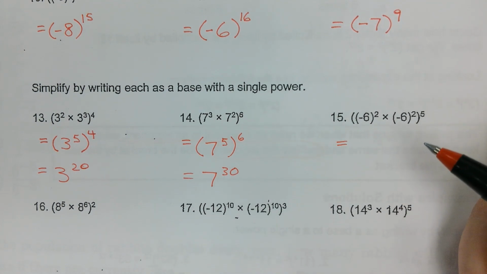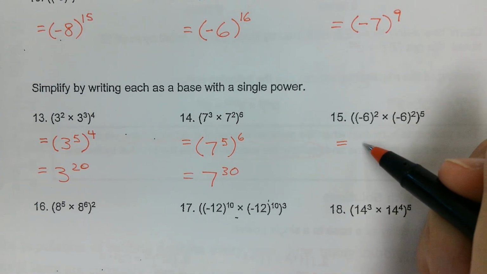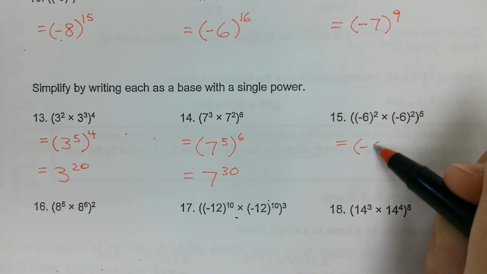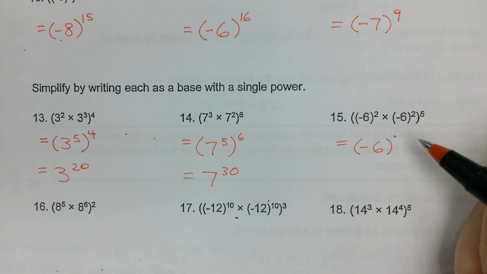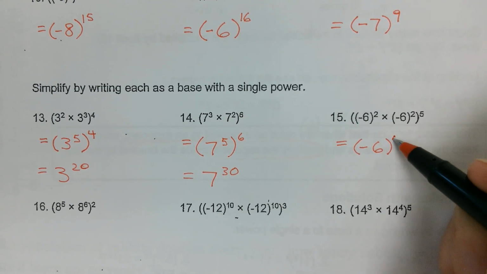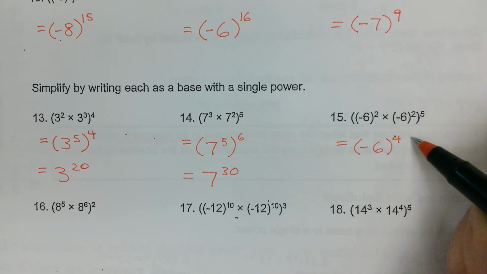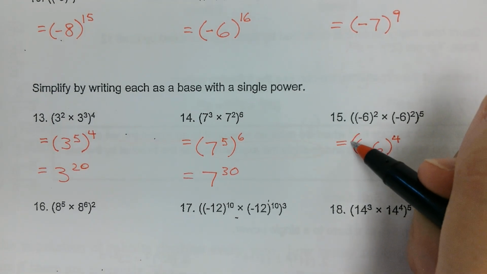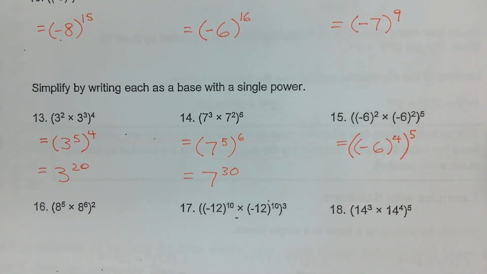Okay, sure. Haley? Pass. Okay. Bella? (-6) to the power of 20. Can you tell me the first step first? To the power of 4, and then times 5. Okay. So if I were to write it properly, I would actually need a second bracket and then to the power of 5.